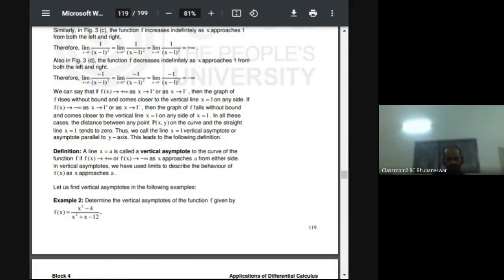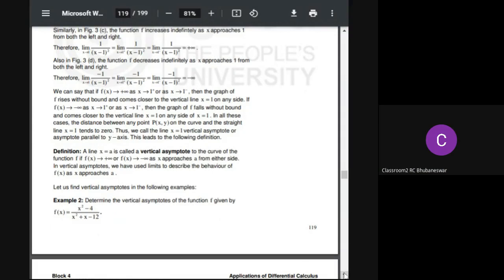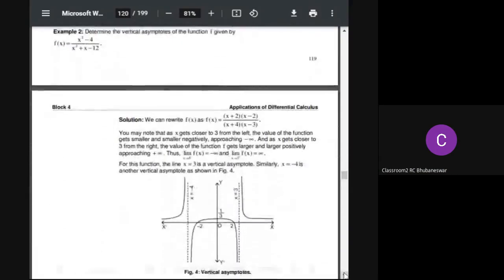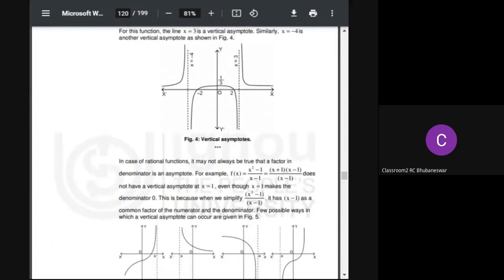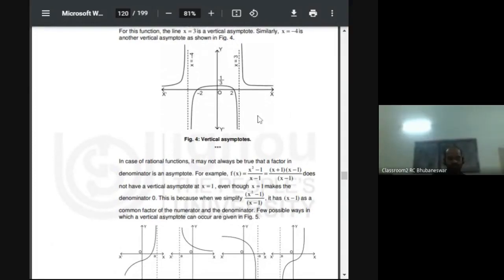So that idea has been used to define the formal definition: if f of x tends to infinity or minus infinity as x approaches a value, it is adopted to define the vertical asymptotes. In this example also we can clearly see examples of vertical asymptotes.